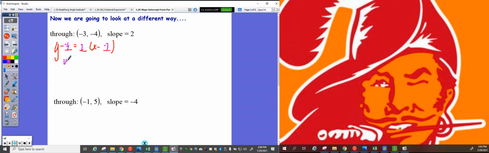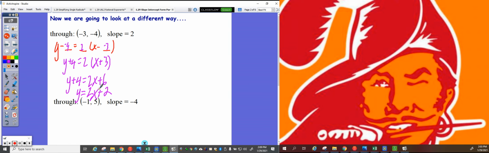So you're right, that's y plus 4 equals 2 times x plus 3. All right, so we have y plus 4 equals 2x plus 6. And so y equals 2x plus 2.